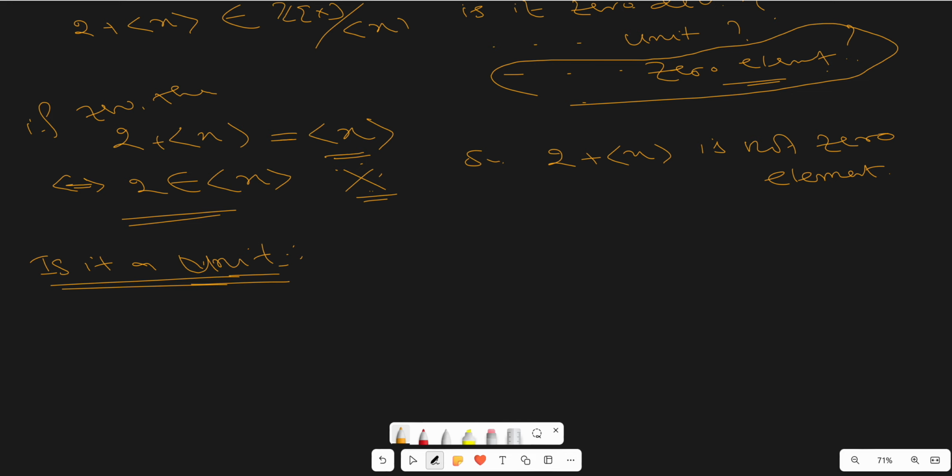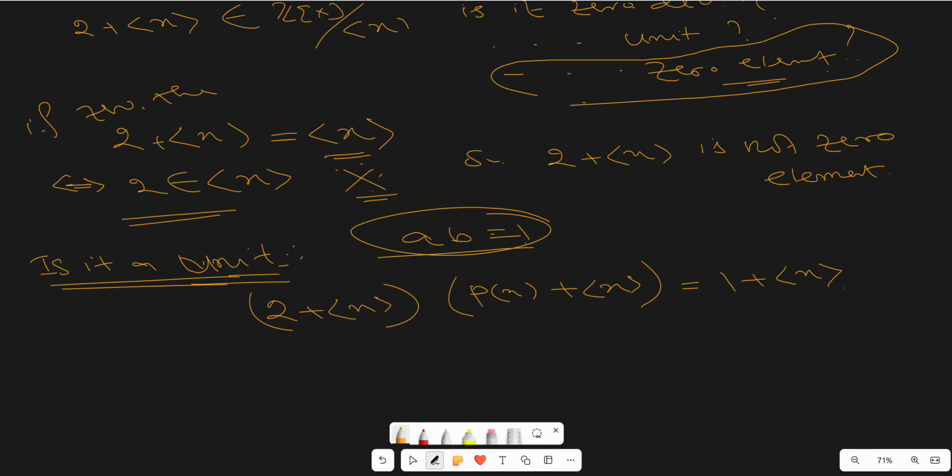So for a unit, for this 2 plus the ideal, you need another polynomial, another element, which should give you unity. If A is a unit, there exists a B such that A times B equals 1. This is the definition of a unit, and I am using exactly this definition here.